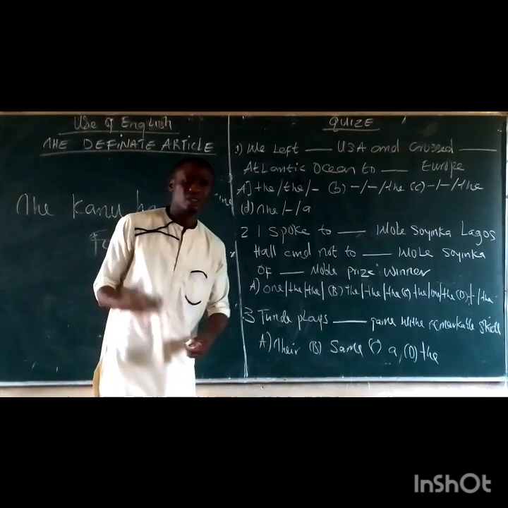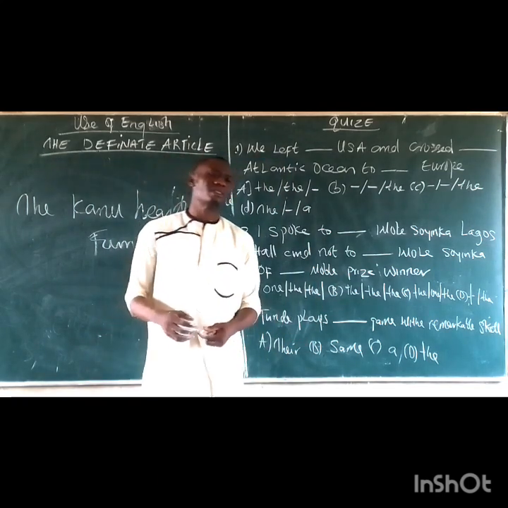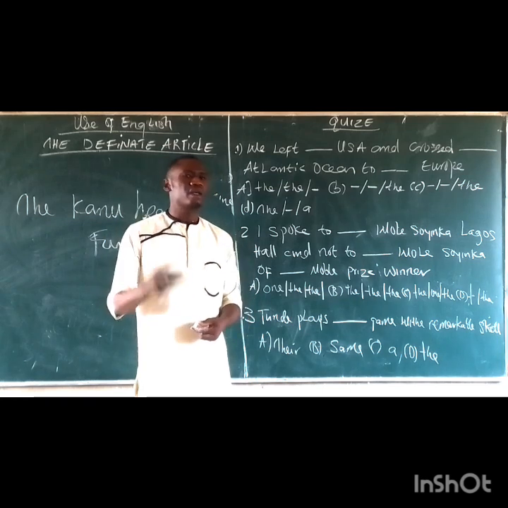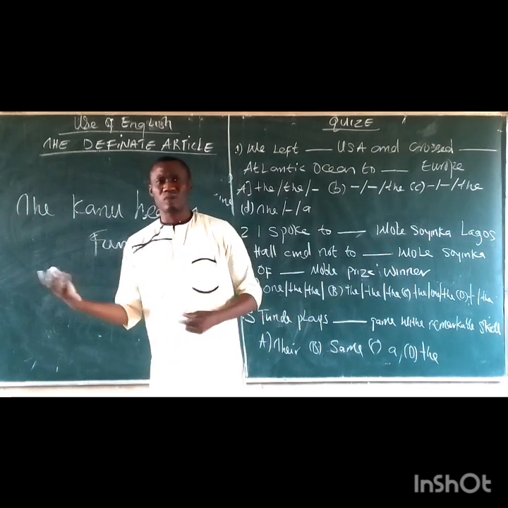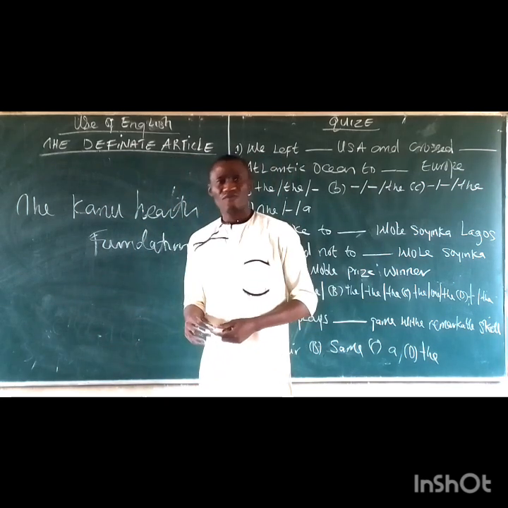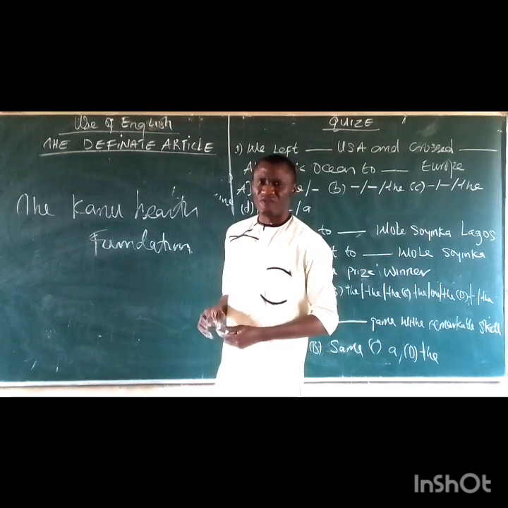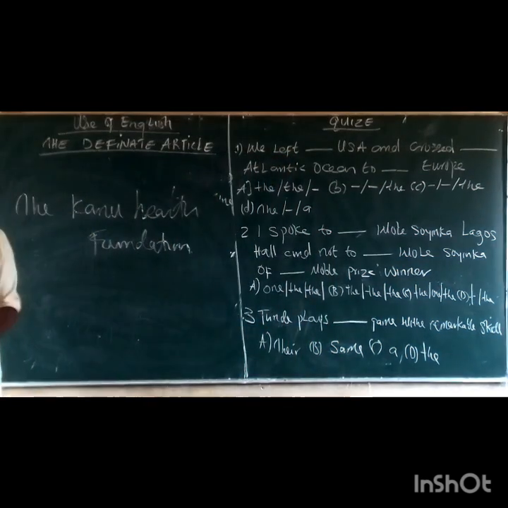This was established by one of the Nigerian superstars, well-respected, well-honored and well-decorated, Kanu Nwankwo. He established this foundation in 2002 or 3. They have the Kanu Heart Foundation, where he takes care of people with heart deformity. Respect to Kanu Nwankwo. So the Kanu Heart Foundation.